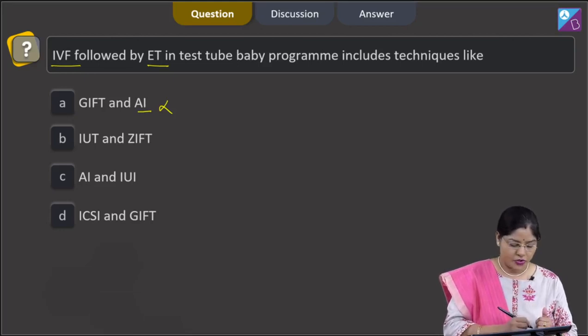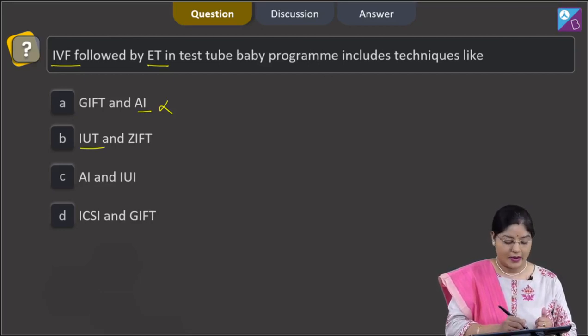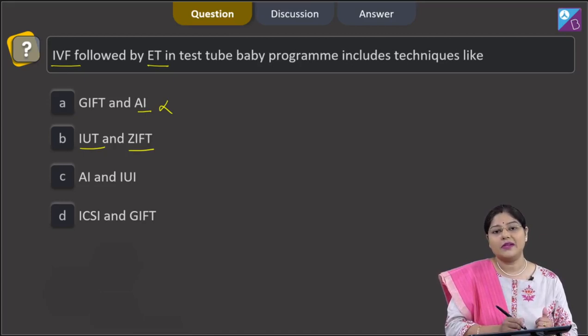Let us see the second option. Second option, IUT and ZIFT. IUT stands for intrauterine transfer and ZIFT stands for zygote intrafallopian transfer. In IUT, embryo with more than 8 blastomere stage is transferred into the uterus, and in ZIFT, zygote or embryo with less than 8 blastomere stage is transferred into the fallopian tube.